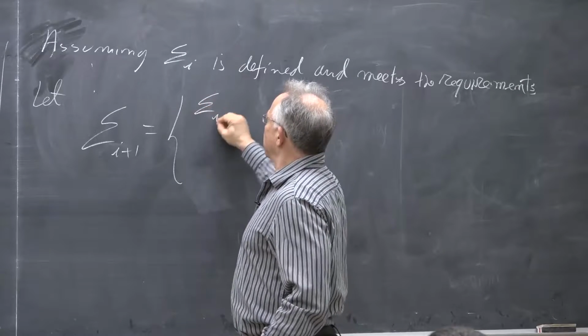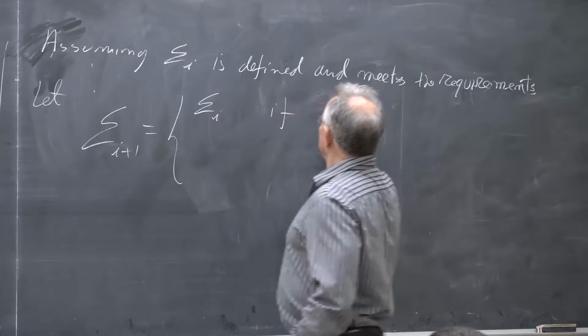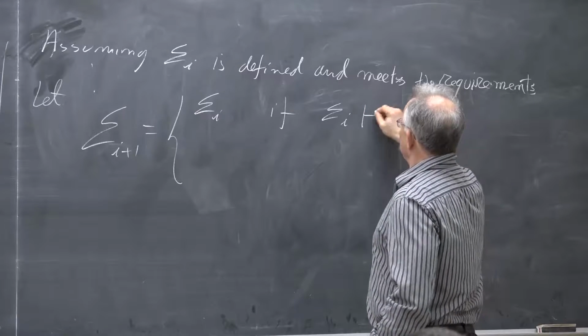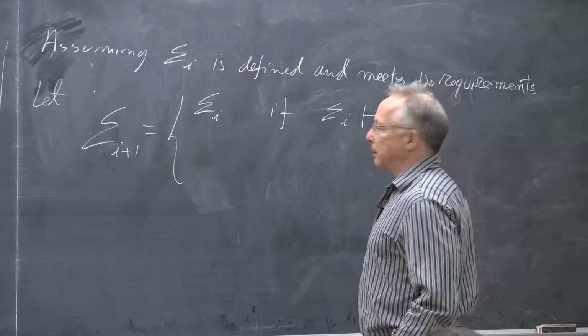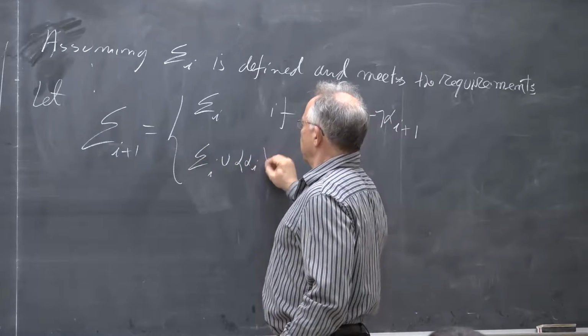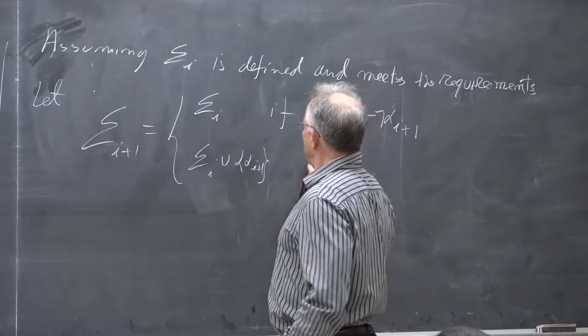sigma I if sigma I can prove alpha I plus 1 or the negation of alpha I plus 1, and sigma I union alpha I plus 1 otherwise.